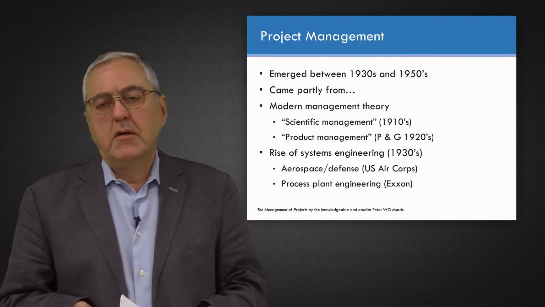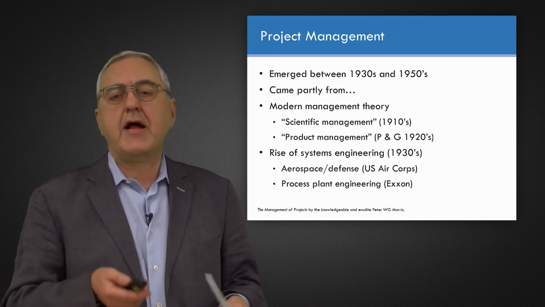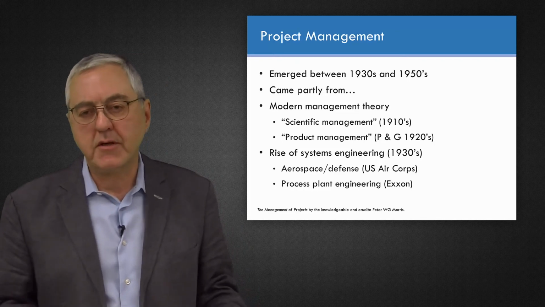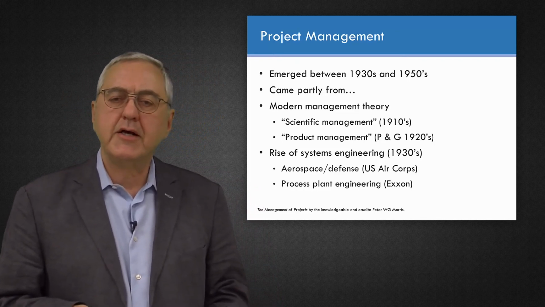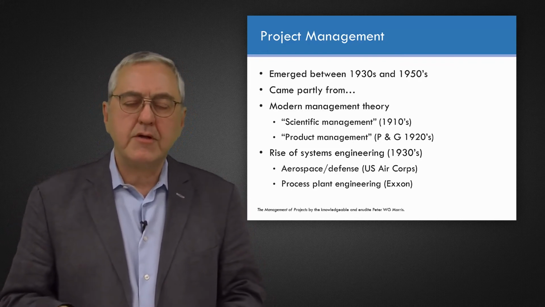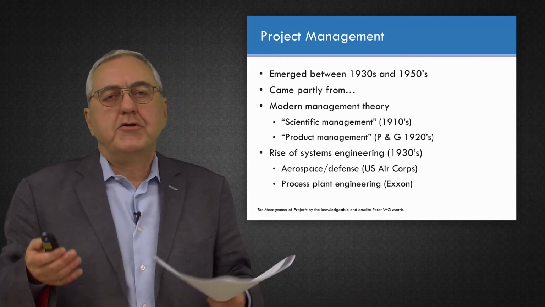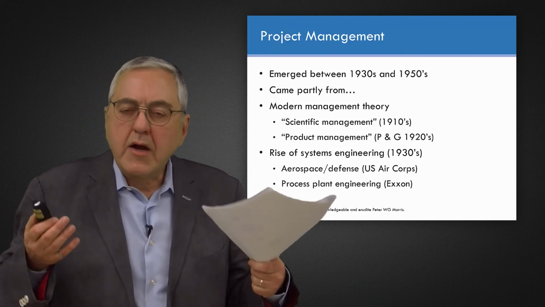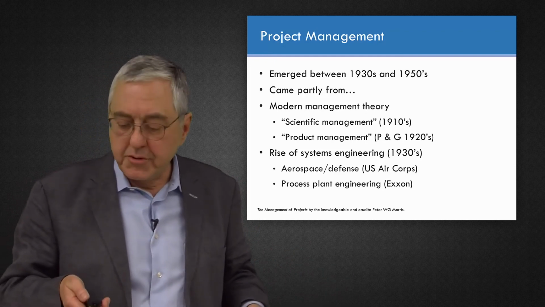That's where earned value and project risk management came from. Also from process plant engineering, such as Exxon and DuPont, who contributed project management techniques because they were researching, in research and development departments, methods that we can use to manage our chemical and other process plants.